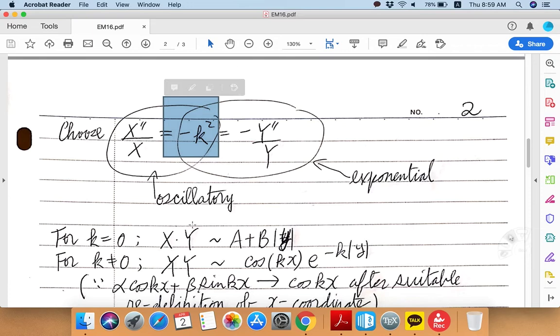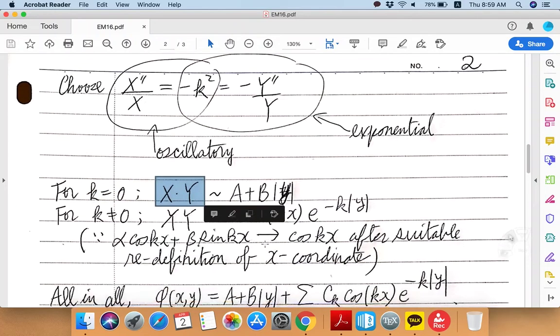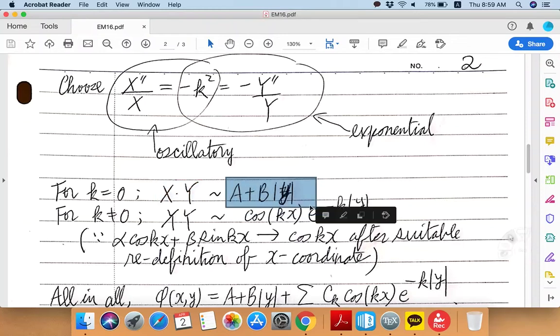So first of all, when k is 0, then this solution, which is a product of the x function and the y function, would be of this form, some constant a plus b, another constant, times y.